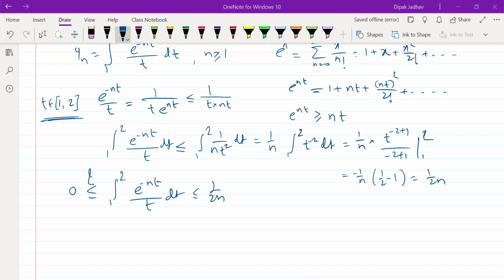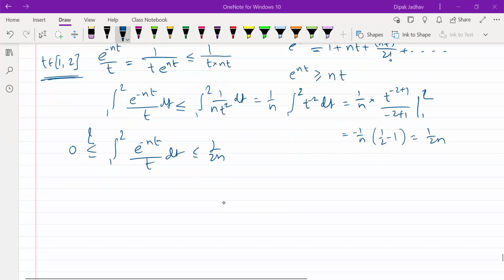T is positive and the exponential function is always positive. And the interval is also positive, from 1 to 2. The lower value is at the lower limit place and the upper value is at the upper limit place. So the integrand is positive, so the value of the integral is also positive.